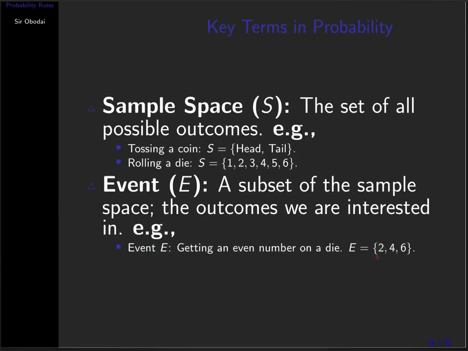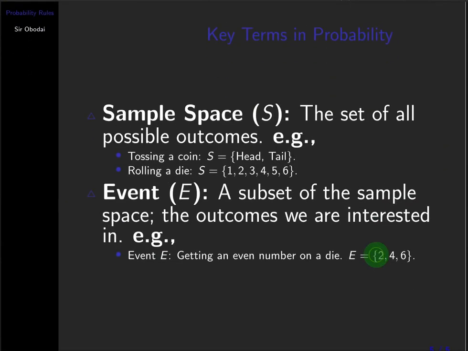Okay, there are more terms. We have the sample space represented by S. It is the set of all possible outcomes. So earlier on we looked at outcome, which is just one. If you perform the experiment, what you get per trial is your outcome. But if we take all the possible outcomes together, so if it is a coin we are tossing, we can get a head as an outcome or a tail.